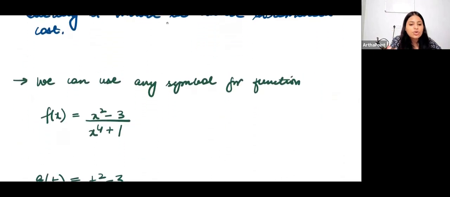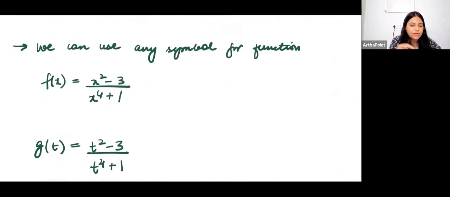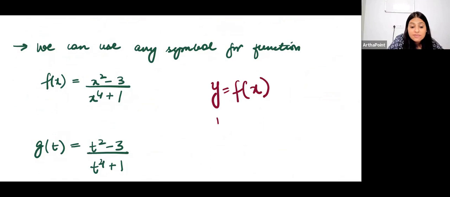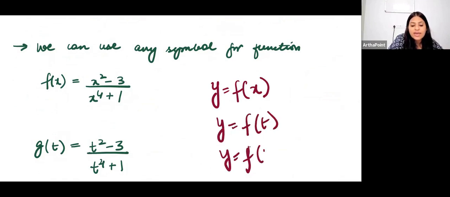Now, one more thing that I want to highlight is that we always write y is a function of x. Y can be a function of t. Y can be a function of h. Anything. It need not be the case that my independent variable is always represented by x. It can be represented by t, by h, or by any other thing.